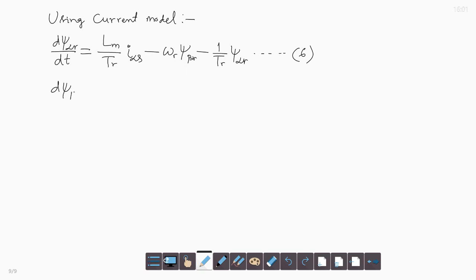by dt equals Lm by Tr I beta s, then speed EMF term is plus omega r into psi alpha r, and last term is minus 1 by Tr into psi beta r. This is equation number 7.